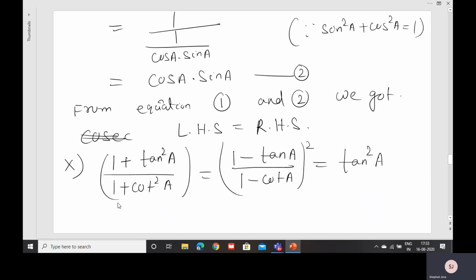We start from LHS, because 3 steps are there.